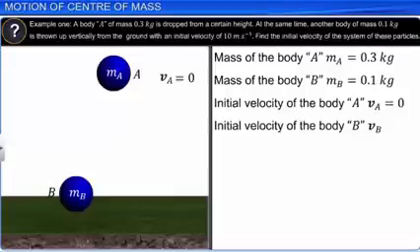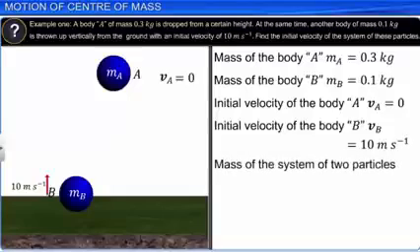Mass of the system of two particles, m, is equal to ma plus mb. That is 0.3 plus 0.1, which is equal to 0.4 kilogram.